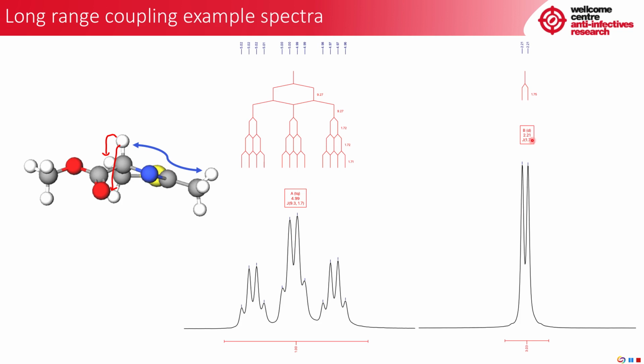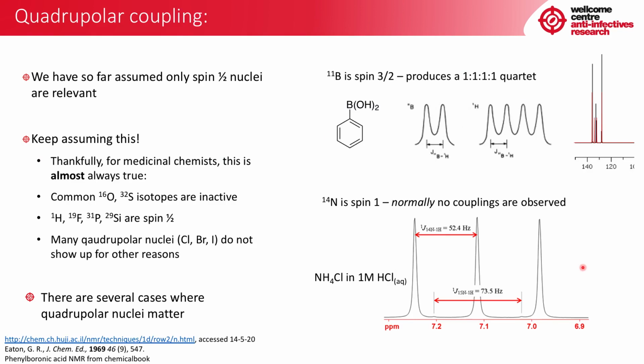I just want to finish off with some brief mention of quadrupolar coupling. So we have so far assumed that only spin-1/2 nuclei are ever relevant. And basically I want you to keep assuming this for the most part. Thankfully for medicinal chemists, this is almost always true.